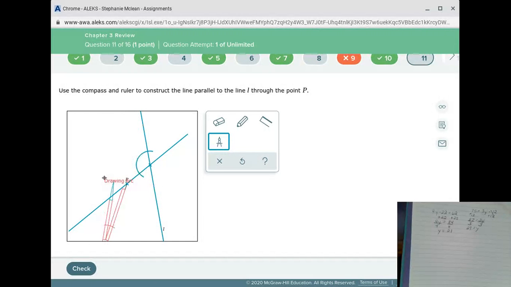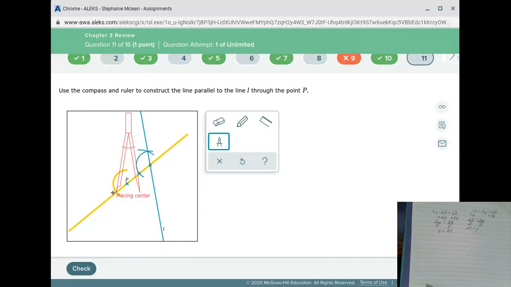Then I'm going to take that same arc and draw another arc that looks exactly the same at P. Then I'm going to take the compass again and draw another arc starting where that arc crosses the line I drew through where the arc crosses the other line.